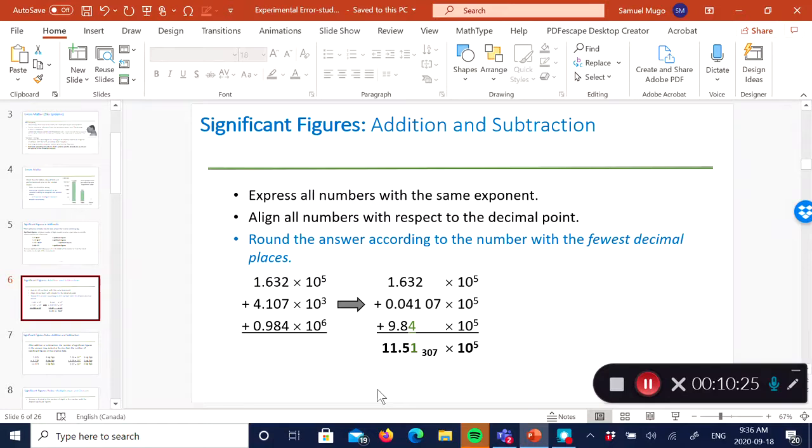So after you do the addition, the answer should have the fewest decimal places of any of the numbers involved in the addition or subtraction. So in this case, it should be 2 decimal places because this has only 2 decimal places.